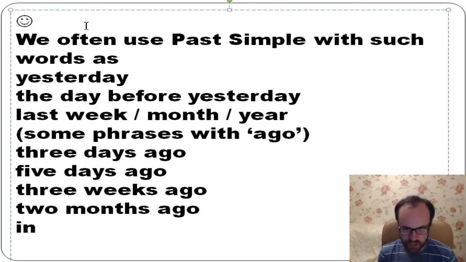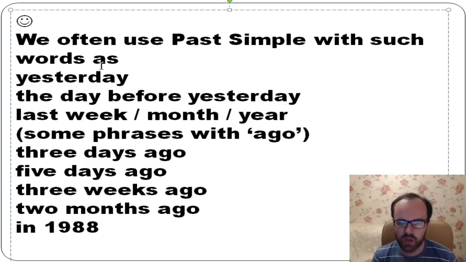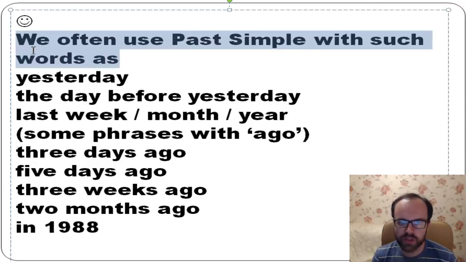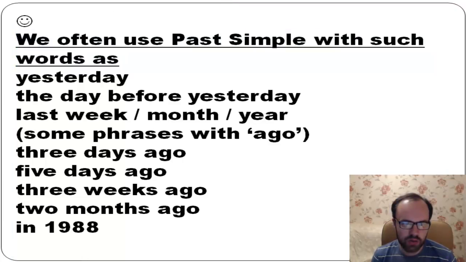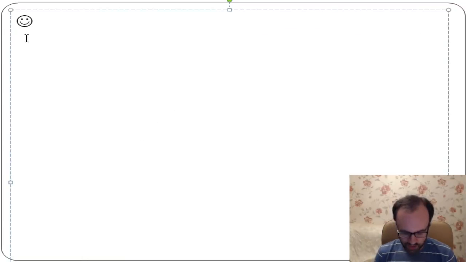And in, for example, in 1988. So we often use past simple with such words as yesterday, the day before yesterday, last week, last month, last year. Some phrases with ago, in 1988.